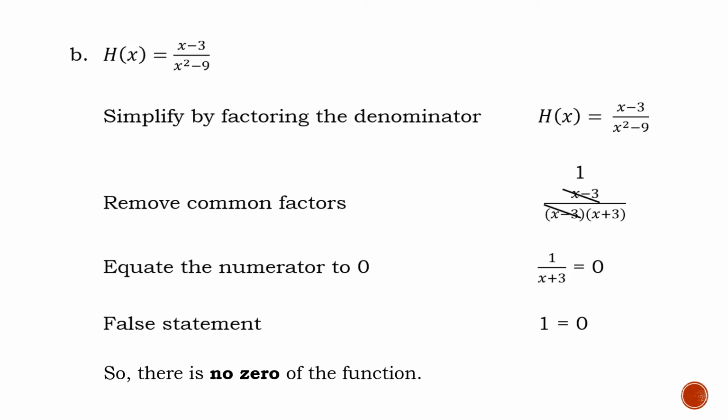So for letter B, h of x is equal to x minus 3 over x squared minus 9. Now, simplify by factoring the denominator. So here we can simplify, no?